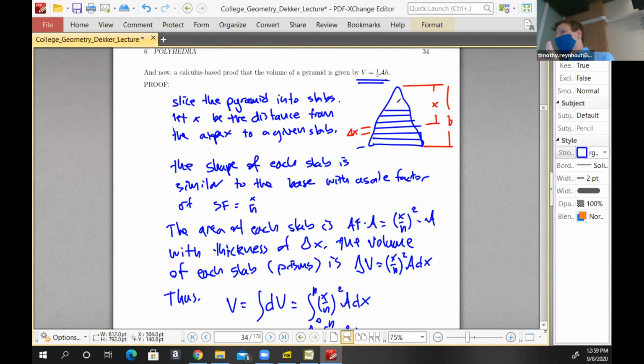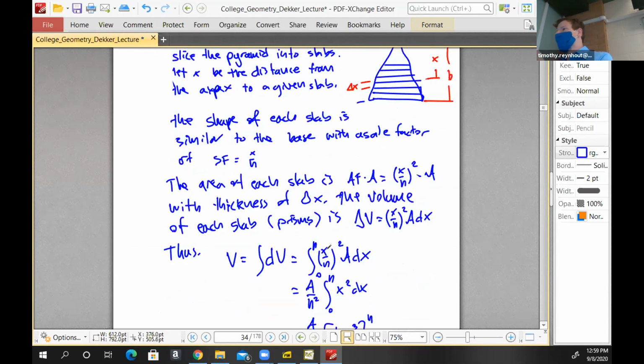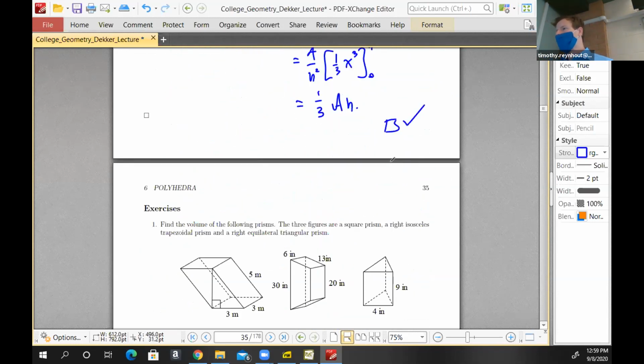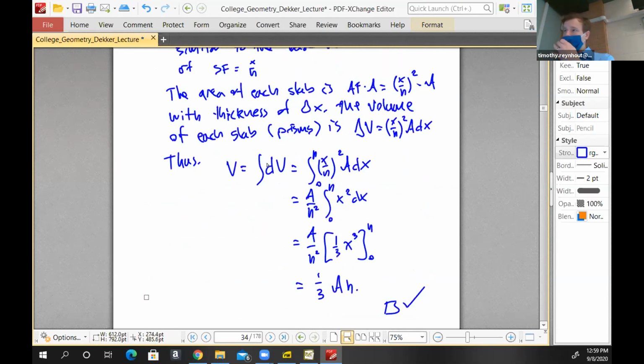And the cross-sectional area in this case is based on the area of the base. So it's the same thing that you would see. All right, and that's the only proof that I wanted to talk about today.